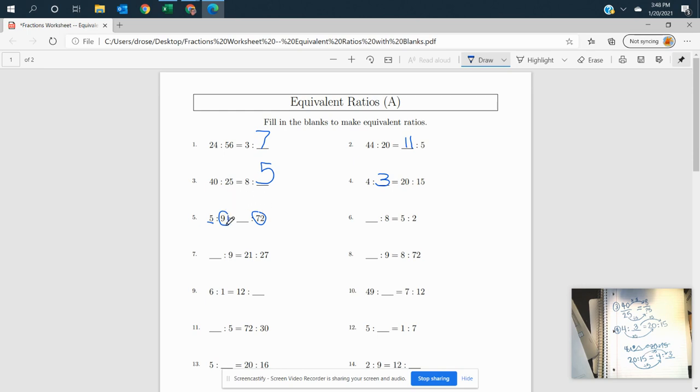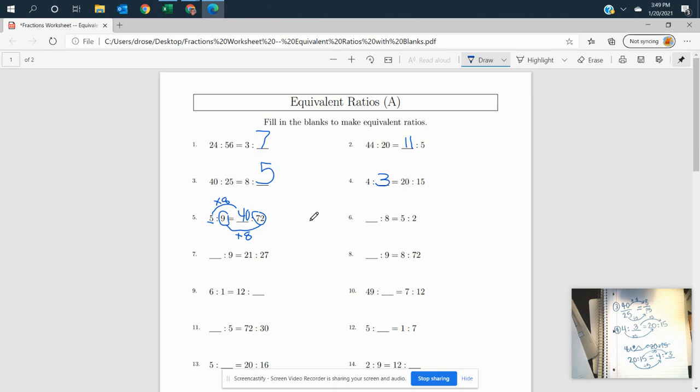Well, to do that, I'm going to have to multiply by something because 72 is much bigger than 9. So I'm going to say 9 times, I'm going to think in my head, try to figure out my facts. This would be a good place to use your multiplication tables if you don't know your facts very well. 9 times 8 is 72. And what I do to one side of the ratio, I've got to do to the other. So then we get 5 times 8 for our answer. So I'm going to do it times 8 up here as well. So 5 times 8 is 40.